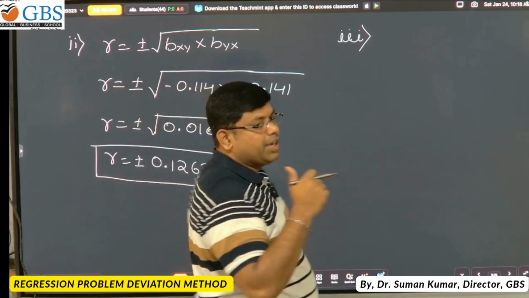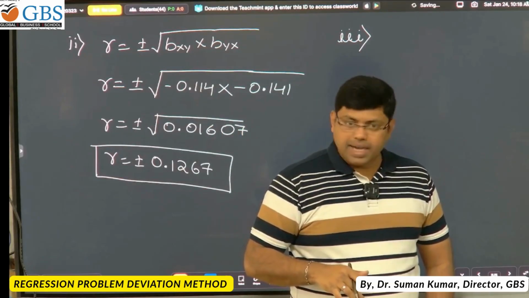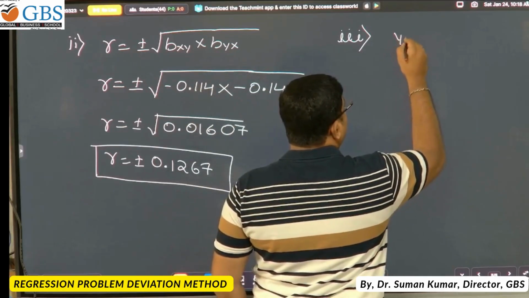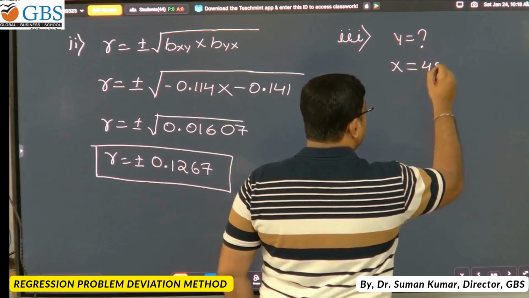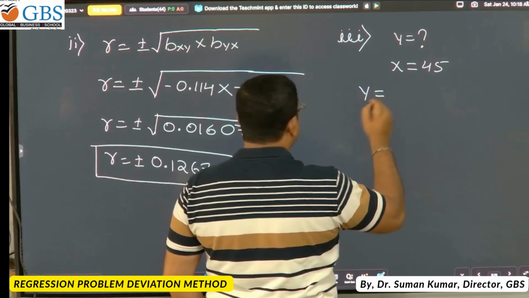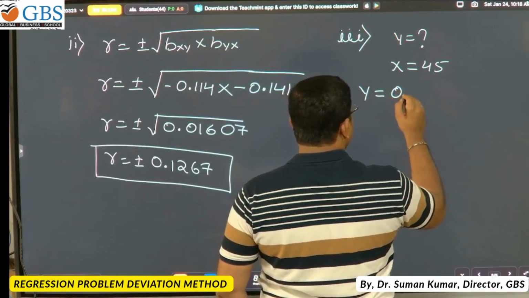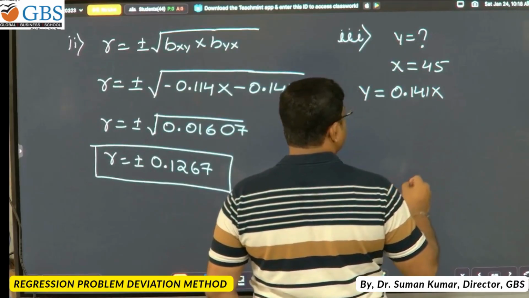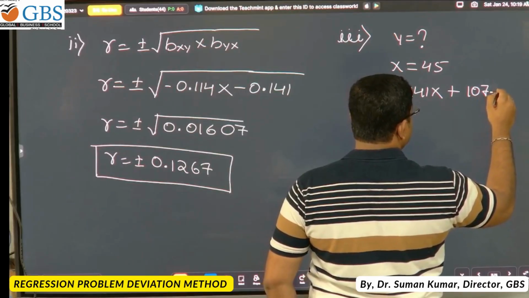So now what do we need to find out, x or y? We have to find out y. Correct? So we need to use y is equal to question mark. X is given. How much? 45. So hence we need to use the y on x equation. Y on x equation, that is, y is equal to minus 0.141 x plus 107.05.